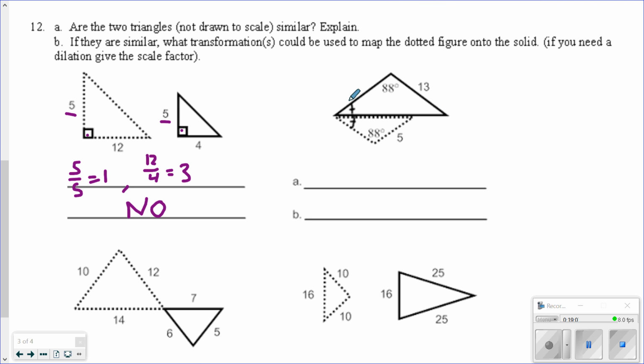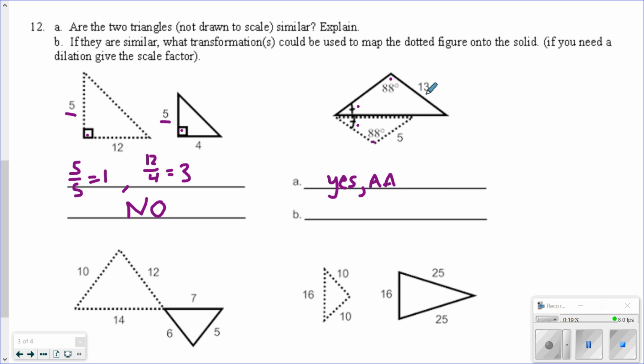Looking at my next example here, I do see I have an angle here and an angle here. I have an angle here and an angle here. So right away, these are similar because of the angle-angle theorem. So yes, they are similar because of angle-angle. Now I need to figure out what is the scale factor.